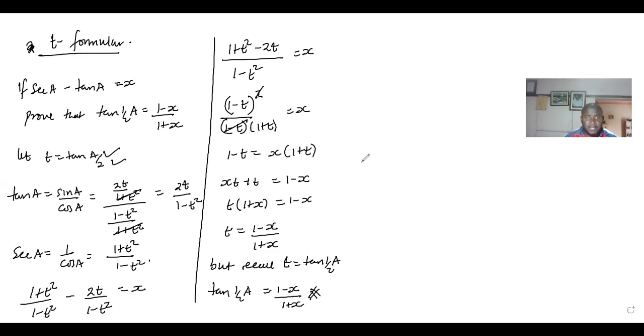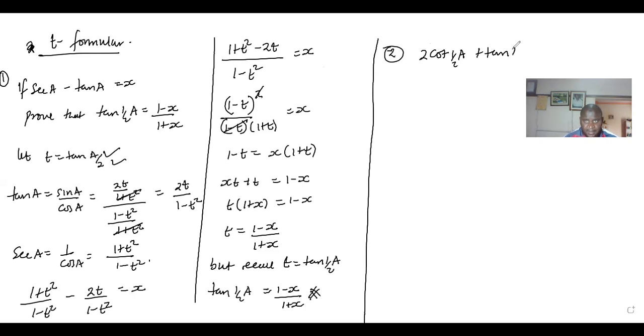There is another one also here. It says prove. These are just examples to beef up the definition. 2 cot of half A plus tan of A is equal to tan of A cot squared of half A. Didn't I do this number?